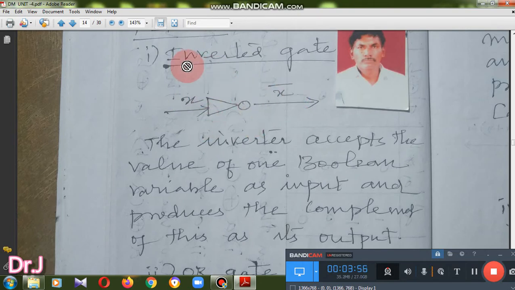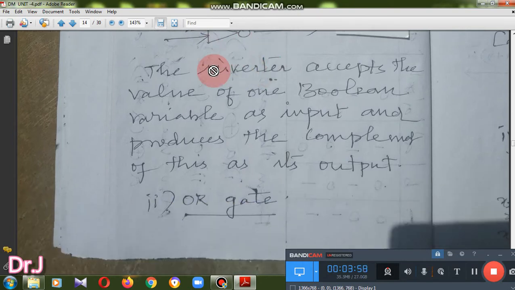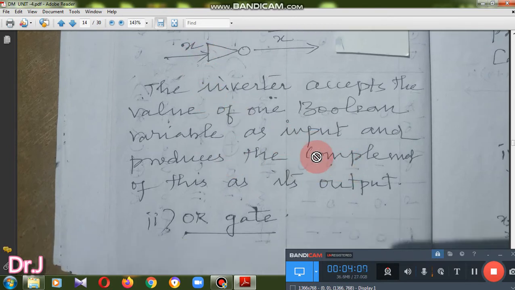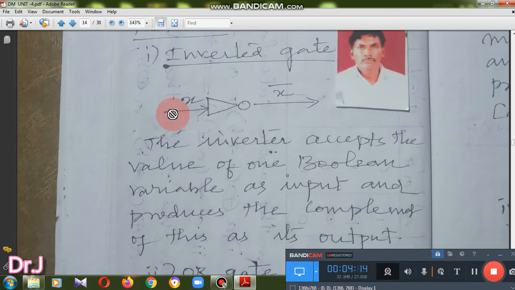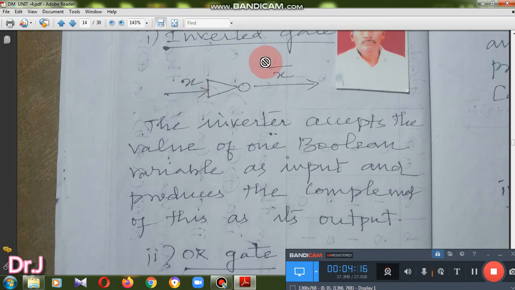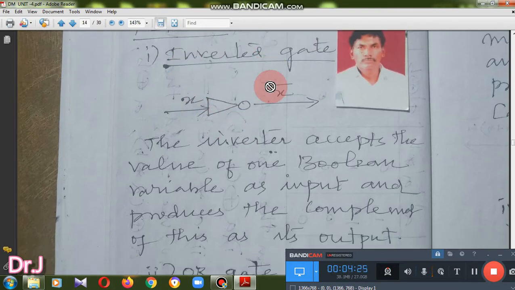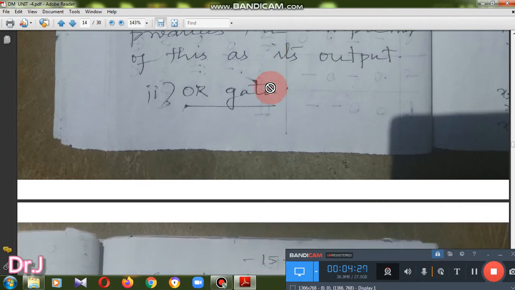An inverter accepts the value of one Boolean expression x as an input and produces the complement of this as its output. So the input is the Boolean expression, and the output is the complement of this Boolean expression. We call it an inverter gate because it inverts.